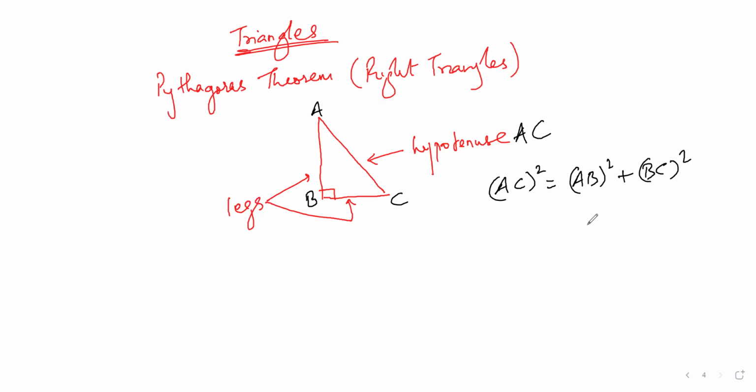The next pointer is that they'll play around with this theorem in various ways. So for example, let's consider a Pythagorean triplet. First I'm considering the 3, 4, 5 right triangle.